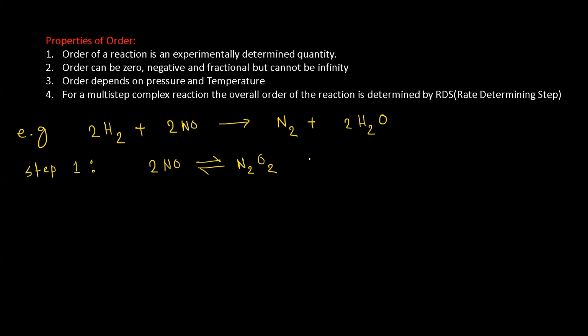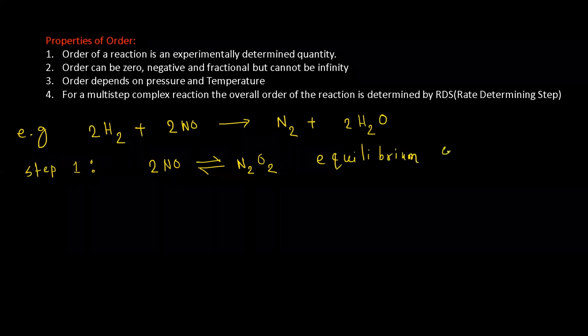So for an equilibrium, we write an equilibrium constant K1, and this step is very fast.